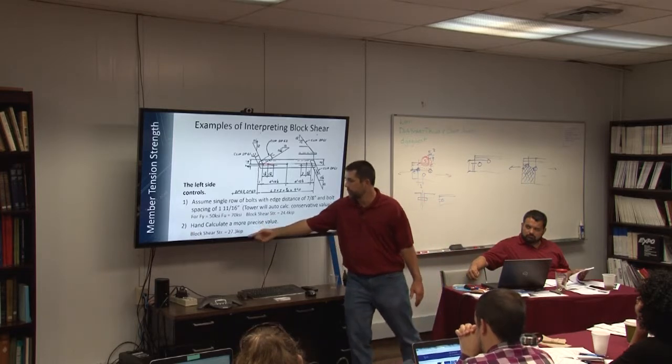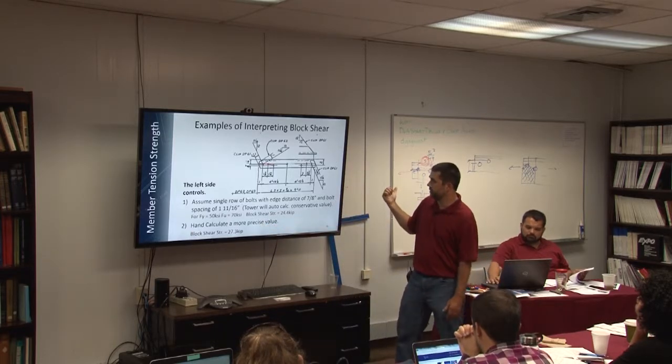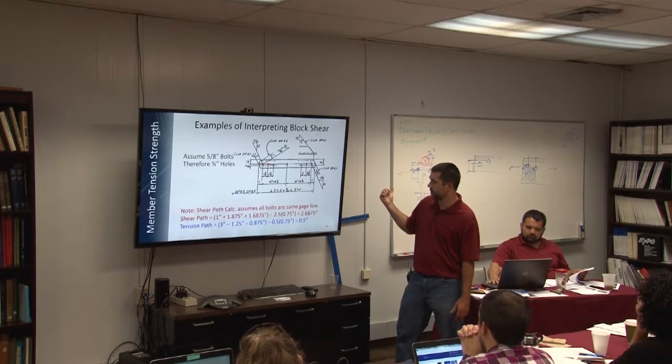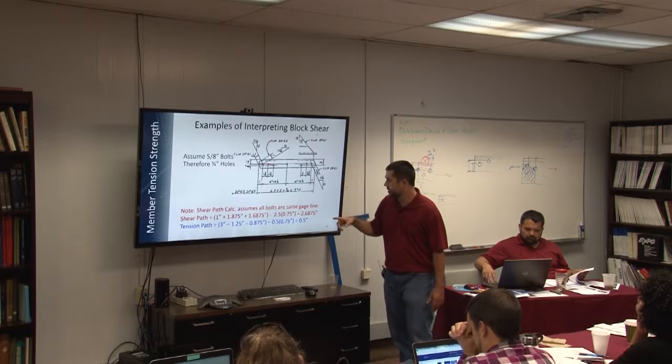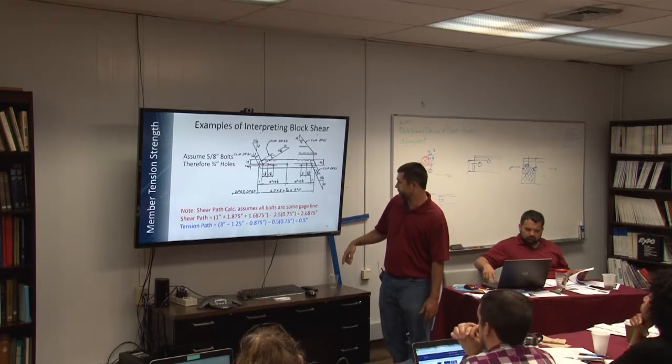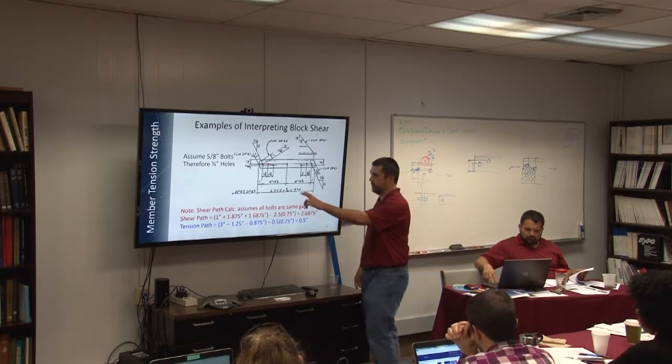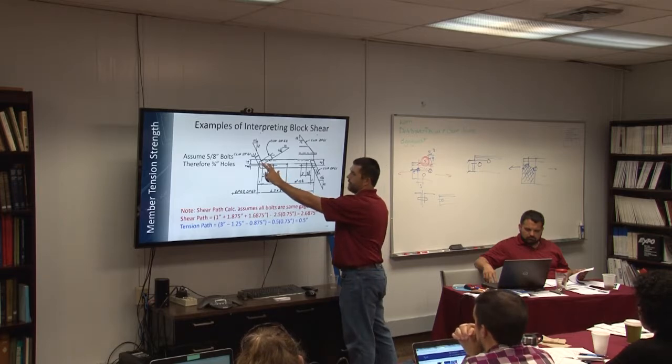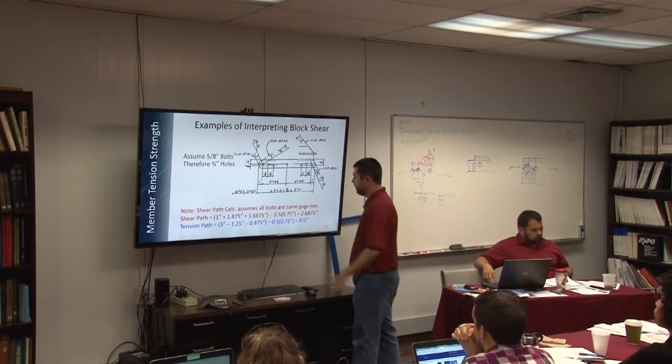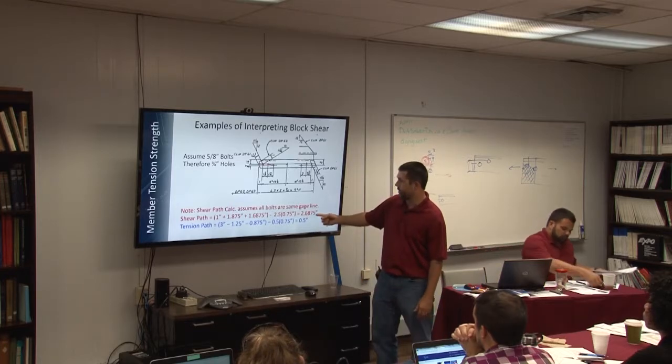I could hand calculate a more precise value, which I think I do on the next sheet. I'm going to do the same thing, but a little bit differently. I'm again going to assume that both of these are down here, but now I'm going to calculate my own shear path.